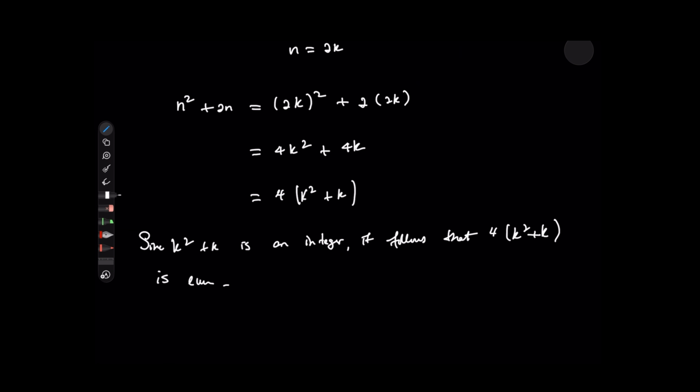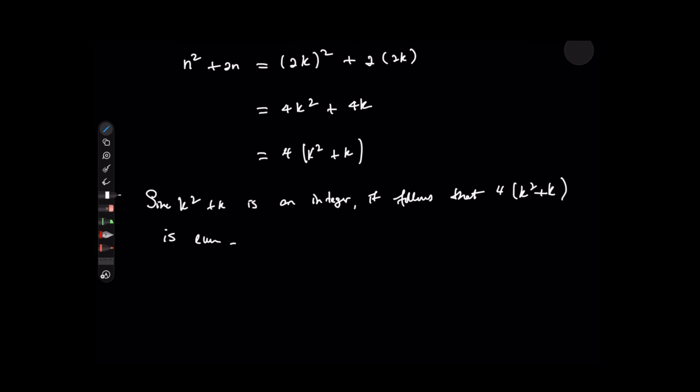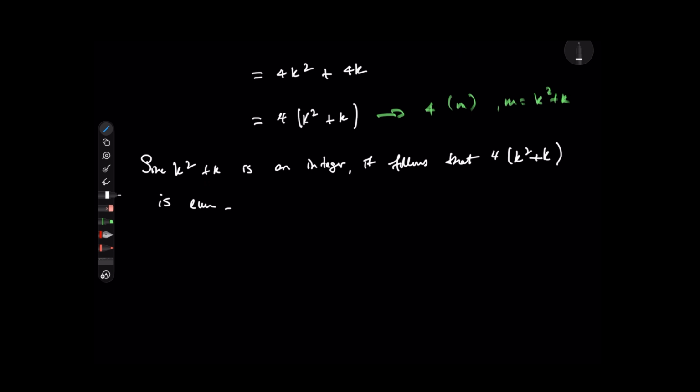Of course, you could have factorized this out differently if you wanted, as 4 into m, and then put m to be equal to k squared plus k, which is great as well, actually. And then you would say that m is an integer as well, right? And actually, I would suggest that you do something like that. So after this step, then you would say hence n squared plus 2n is even.